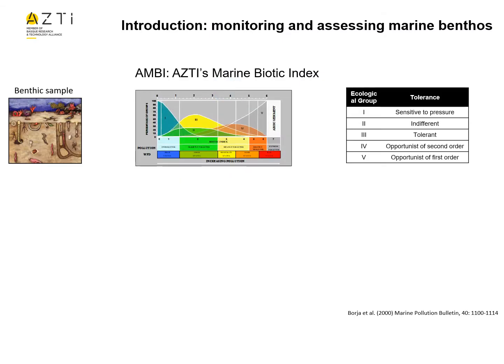As you know, when monitoring and assessing marine benthos, there are different biotic indices that can be used. One of the most used is AMBI, AZTI's Marine Biotic Index, which is based on samples taken.